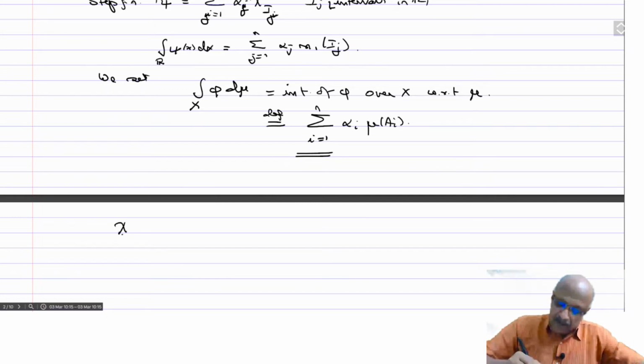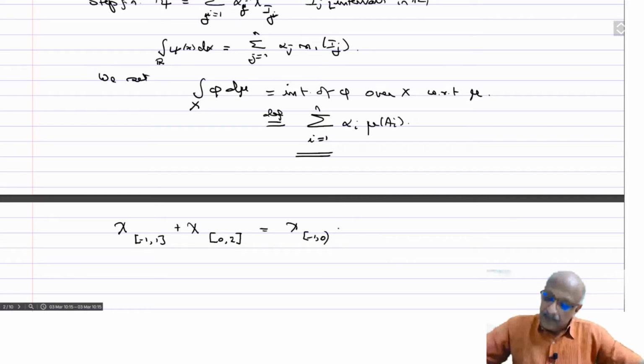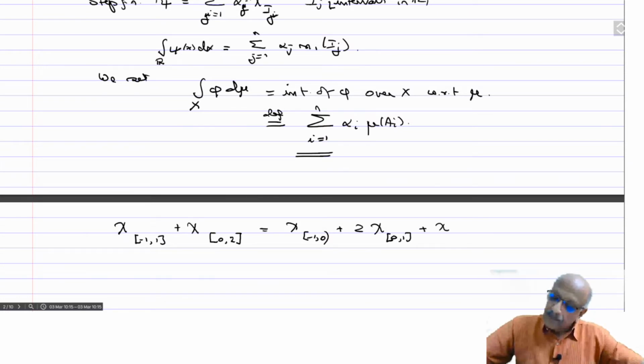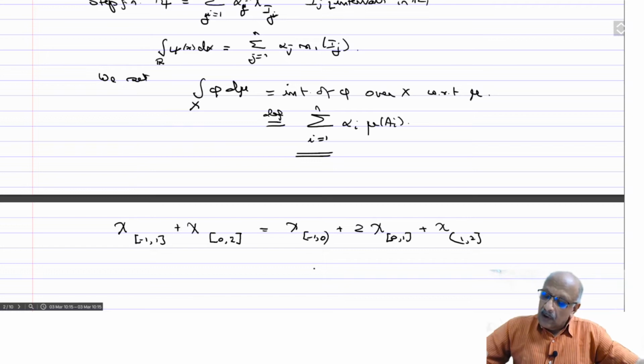For instance, if I have chi of [-1, 1] plus chi of [0, 2], this can be written as chi of [-1, 0] plus 2 times chi of [0, 1] plus chi of [1, 2], and these are disjoint. Of course, we can also write it in various other ways.